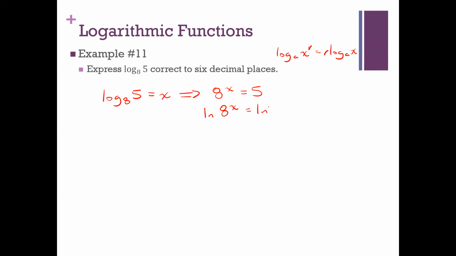That gives me natural log of 8 to the power of x equals natural log of 5. Now that I've done that, what can I do with that exponent? Bring it to the front. So now I have x natural log of 8 equals natural log of 5. And finally, I have x equals natural log of 5 over natural log of 8.